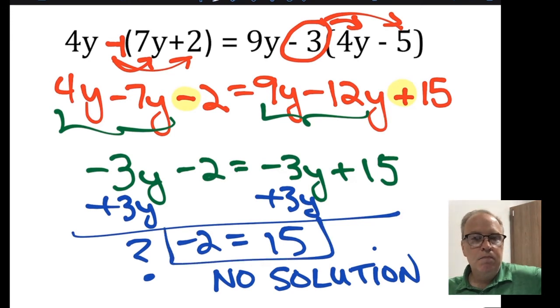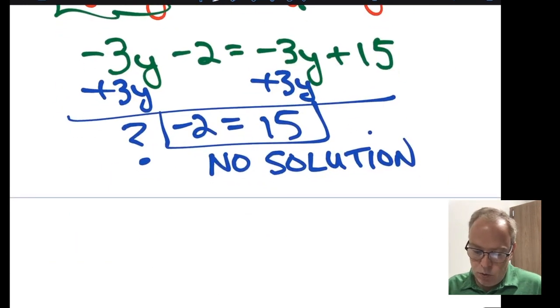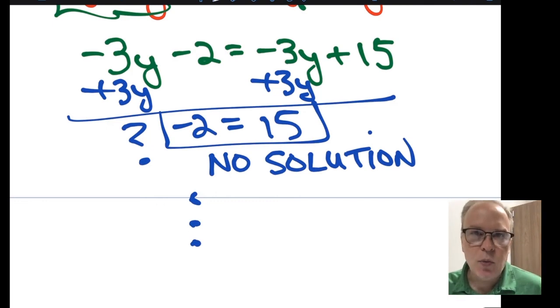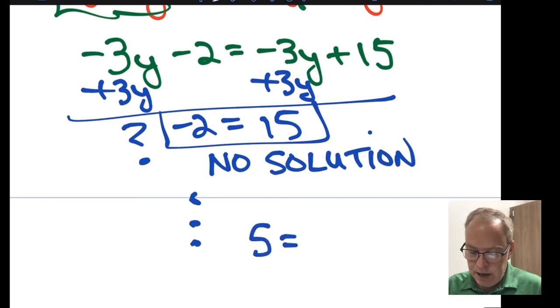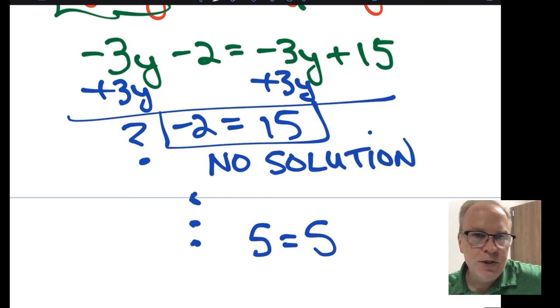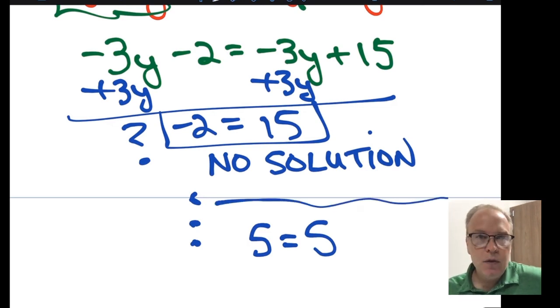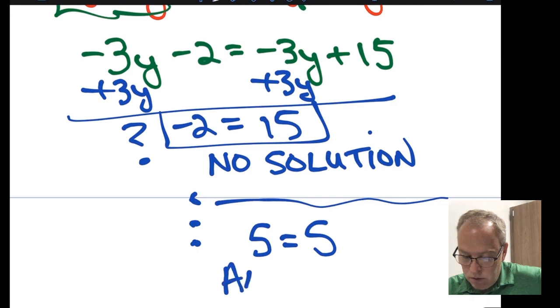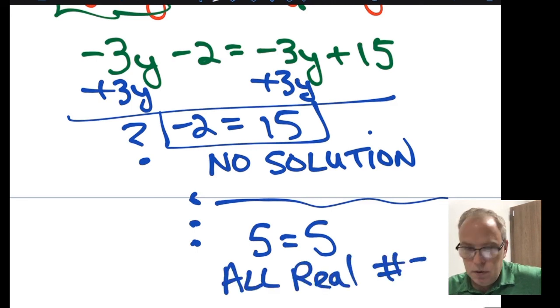Now, the opposite of no solution is if you get a situation where you do all that work, and then the x's or y's or whatever it is disappear, and you get 5 equals 5, or 0 equals 0. And that's a true statement. So what do you say then? Well, then the answer is all real numbers.